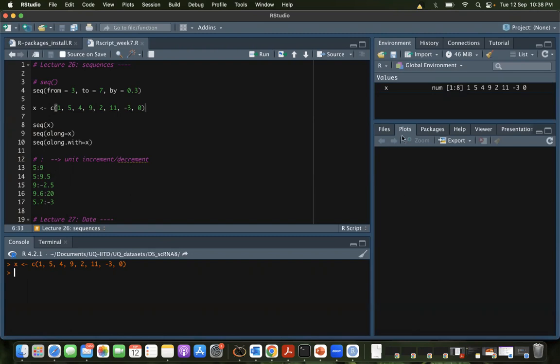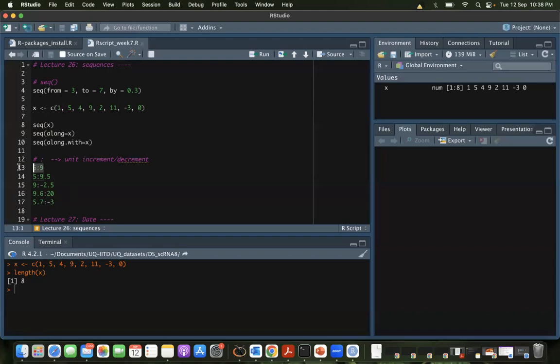I recommend that whenever you're writing the name of a function, you enclose it in parentheses, curved brackets. The answer is correct. I'll just write length of x and I'm going to get the number of elements in it. So that's one way.